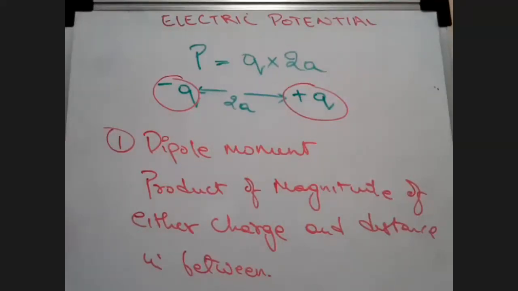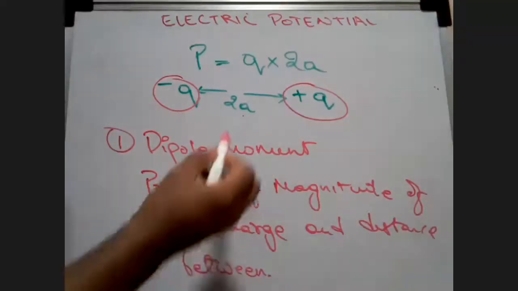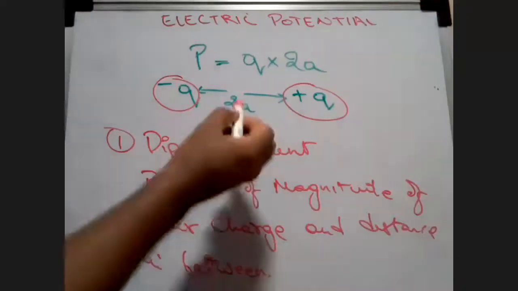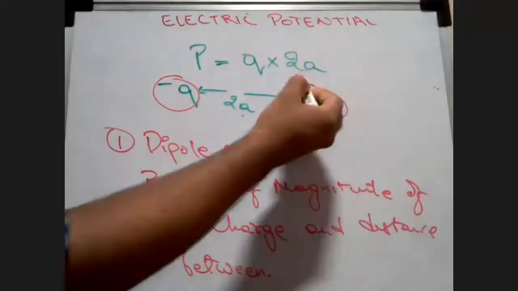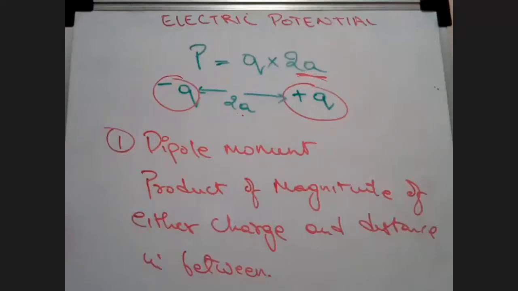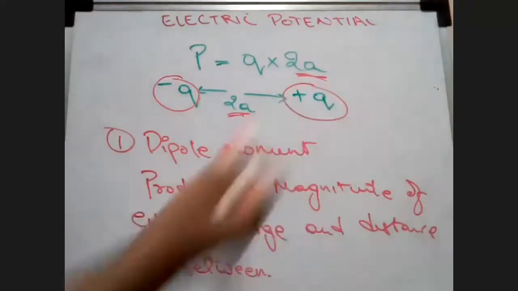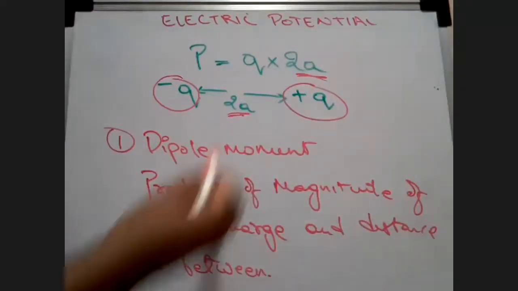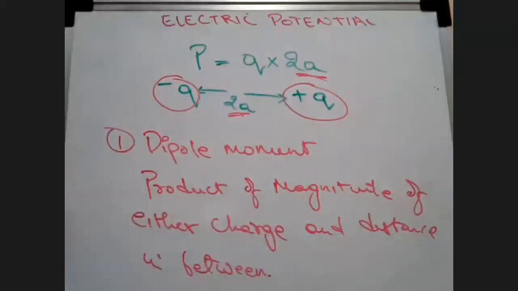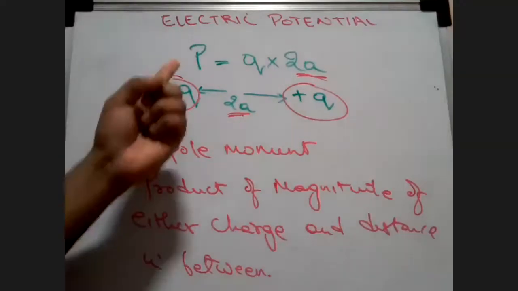It would be very difficult for me to repeat it in many concepts, so remember this now. Whether this is 2a, whether this is 4a, whether this is just a, doesn't matter, that distance will come here. For now, I have taken 2a, so I have written 2a over there. It can be a also. If it is a, I can put a over there. Doesn't matter.